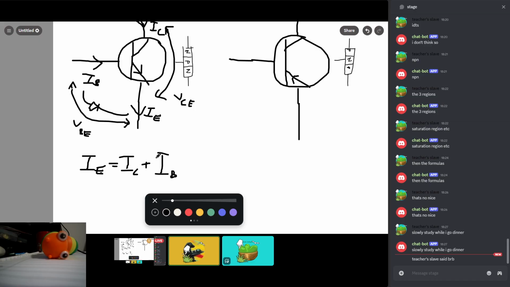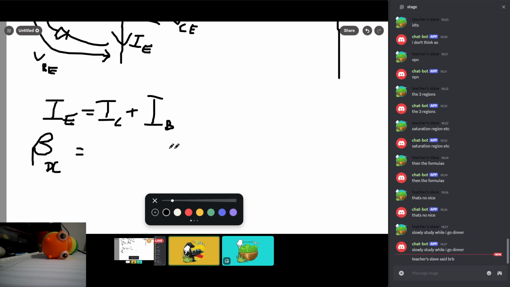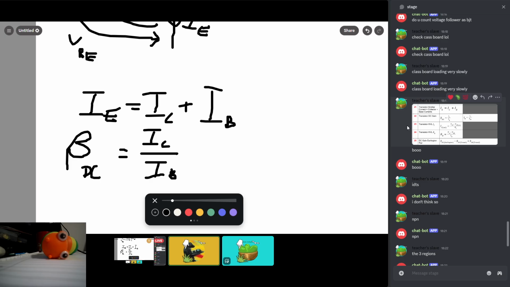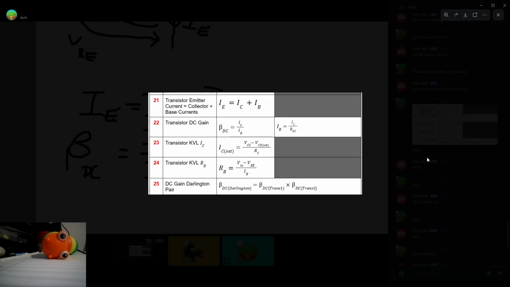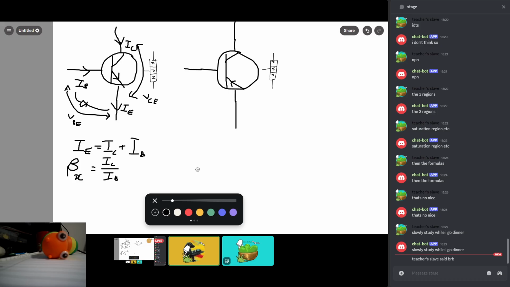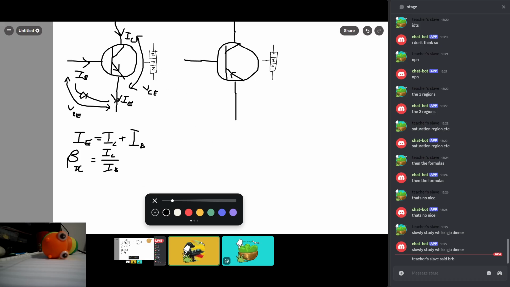You can find the gain of a transistor, which is denoted with the beta sign and then DC, is equal to IC over IB. Yeah, IC over IB. Nice. And that's pretty much all the properties you need to know about a transistor.